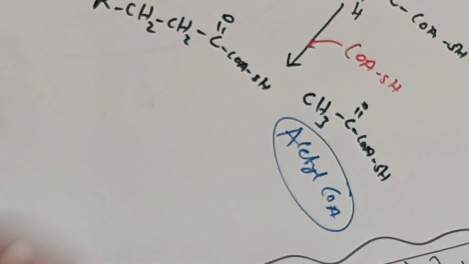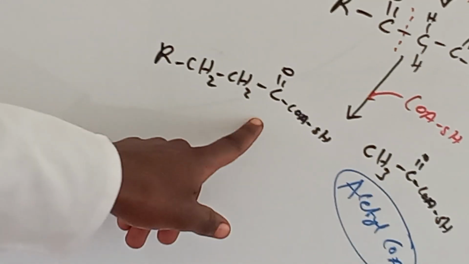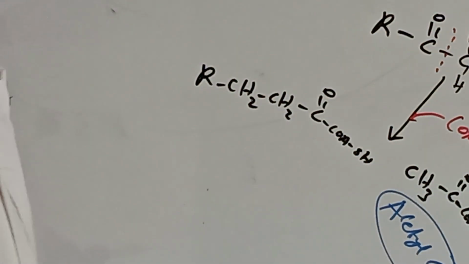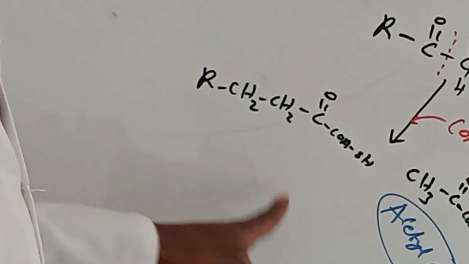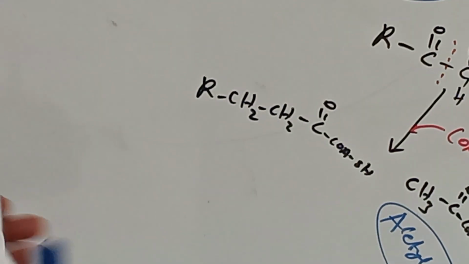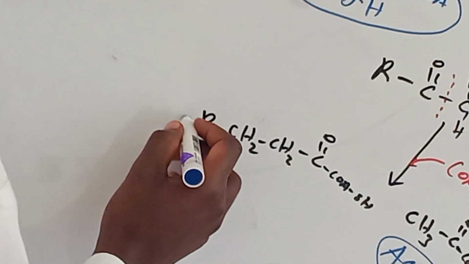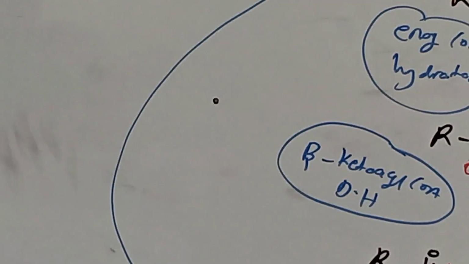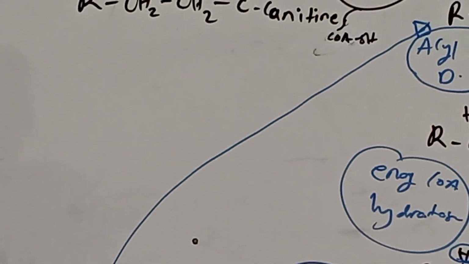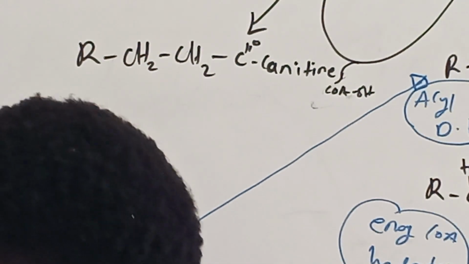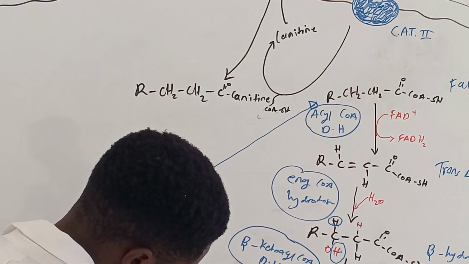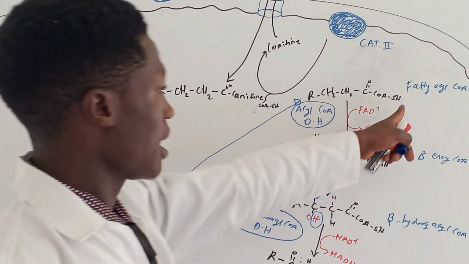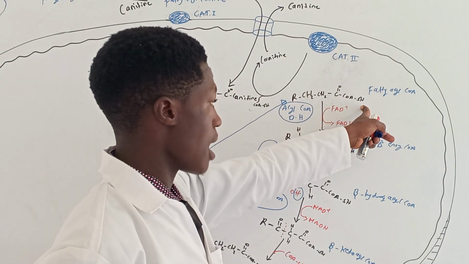Now, what's the name of this other molecule? If you look very clearly, this molecule is the same as the starting molecule, only that it is 2 carbons short. So this molecule is going to be taken up to the next round of beta oxidation. This is called fatty acyl CoA. It was a 16-carbon palmitic acid.